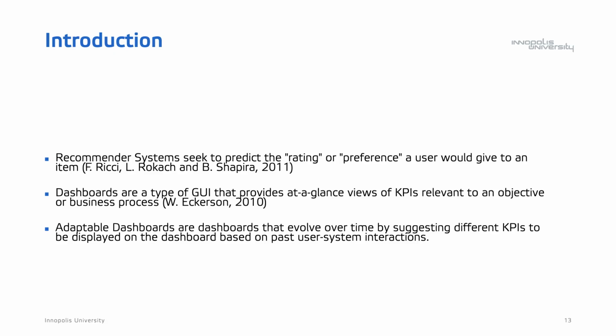So this is, as we saw in an example at the beginning, pretty straightforward. And adaptable dashboards are dashboards that evolve over time. Basically, the dashboards that I presented as the example of recommender systems applied to dashboards.